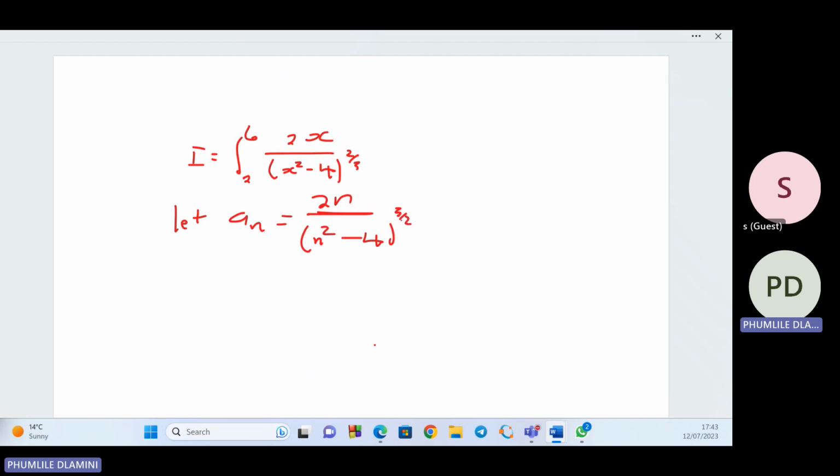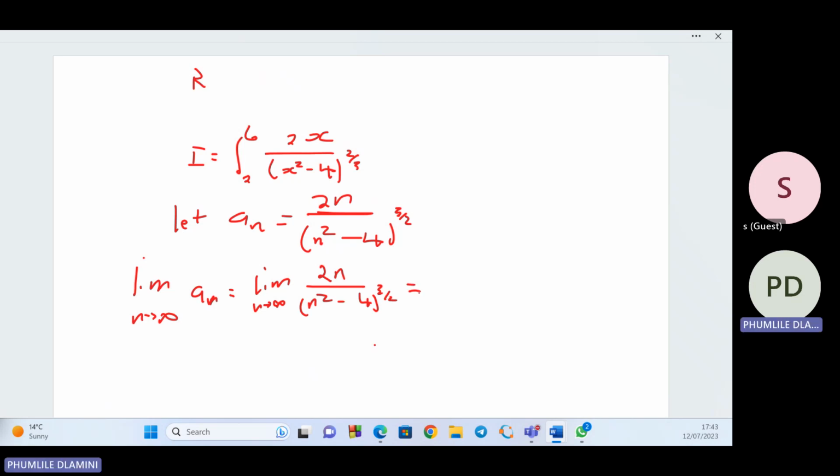So when we have done that, this is just rough work. If something converges, it must have a limit when it approaches something. So we're going to find the limit when n approaches infinity of a_n, which equals the limit when n approaches infinity of 2n over n squared minus 4 to the power 3 over 2.